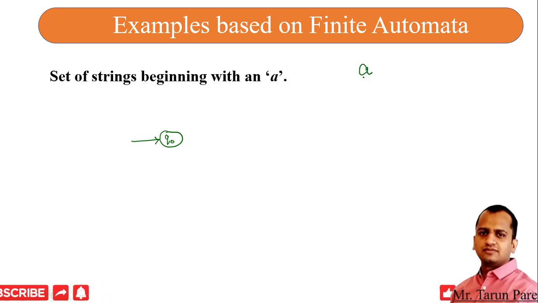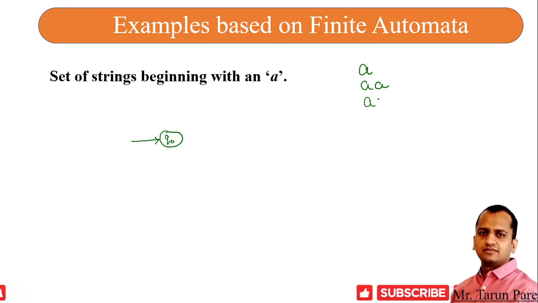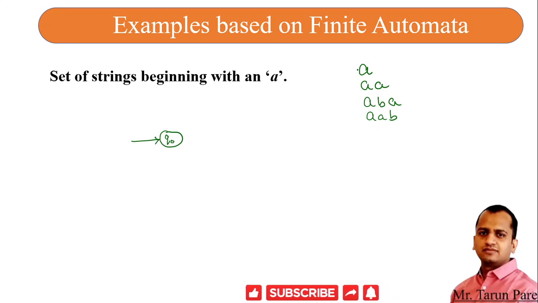the string which accepts A, ABA, AB. Okay, all these strings which start with A should be accepted by the automata.